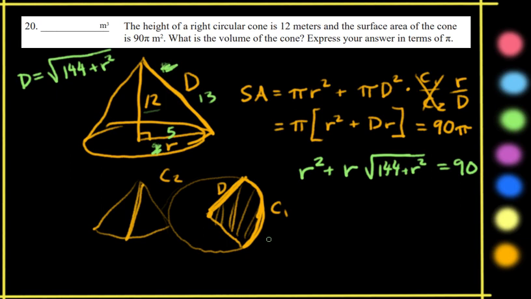You could start to try to think about which one is the most likely here. One thing we know is that this 144 plus r squared is probably going to be a perfect square, because if it's not, this square root gets multiplied by r, it gets added with r squared, and you're going to end up with an integer. So you might think, oh, this is probably an integer here.